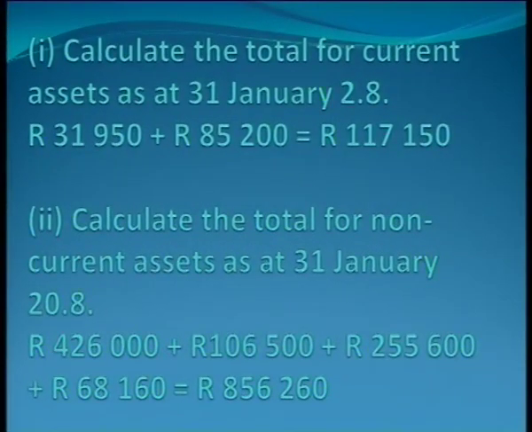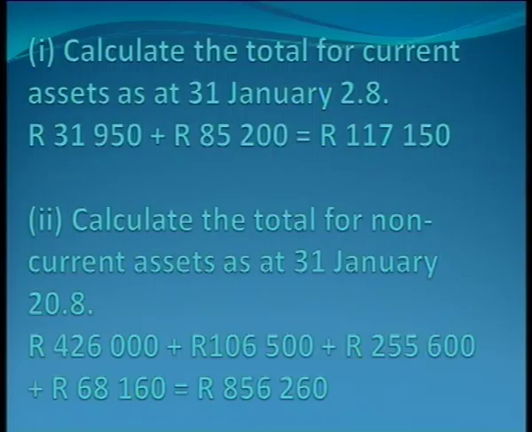The current assets amount is 31,950 plus 85,200, which will give you a total amount of 117,150 dollars. Then you will need to calculate the non-current assets. 426,000 plus 106,500 plus 225,600 plus 68,160 equals $856,260.